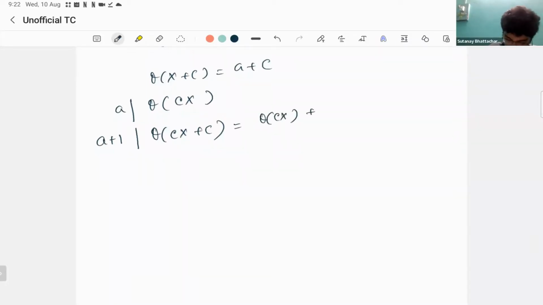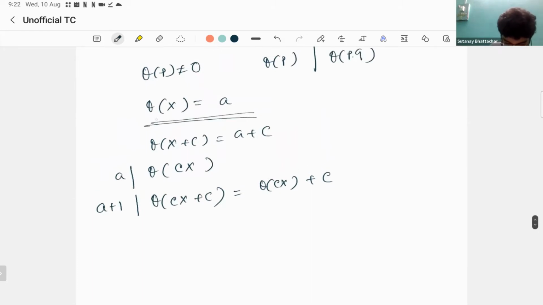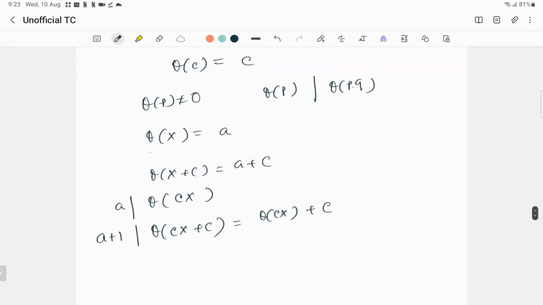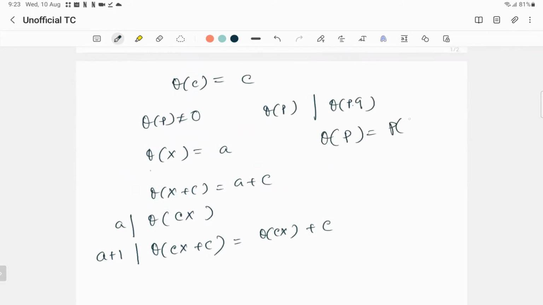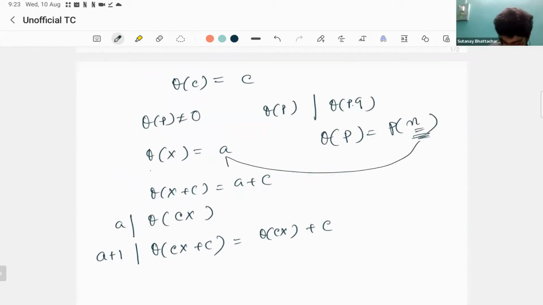Oh, never mind, this is not very useful. But this is a good idea, taking some value of theta of x, because remember, we want our answer to be that theta of p is p of some mystery constant. This constant is in fact exactly a, because if this has to be the final form of theta, then theta of x has to be x evaluated at the mystery constant, which is by our definition a.